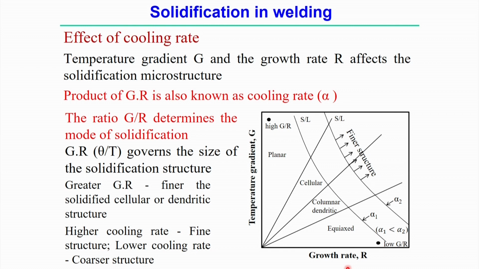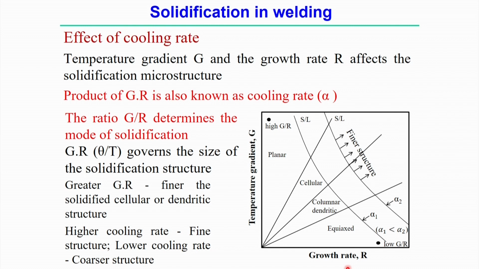So, the product is temperature by time, which represents the cooling rate. At the same time, the ratio G by R determines the solidification mode, which we have already discussed. Depending upon the G by R ratio, we can define the mode of solidification.